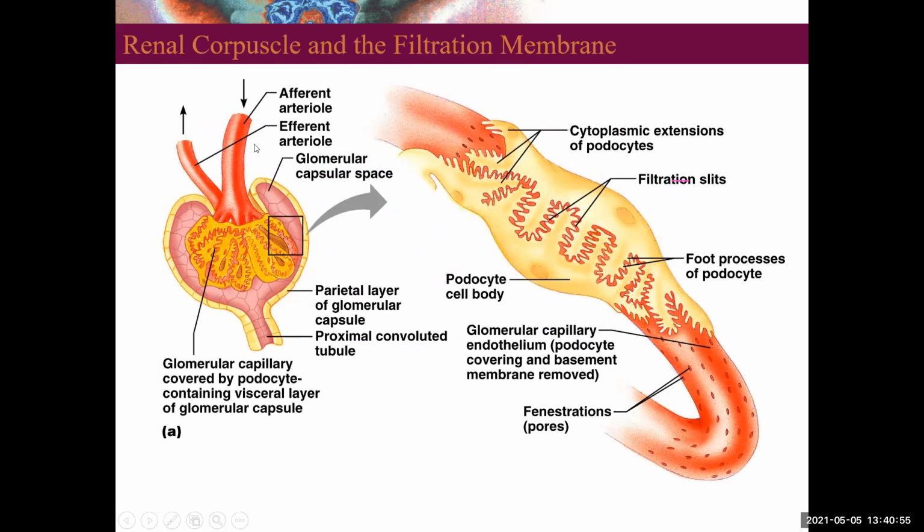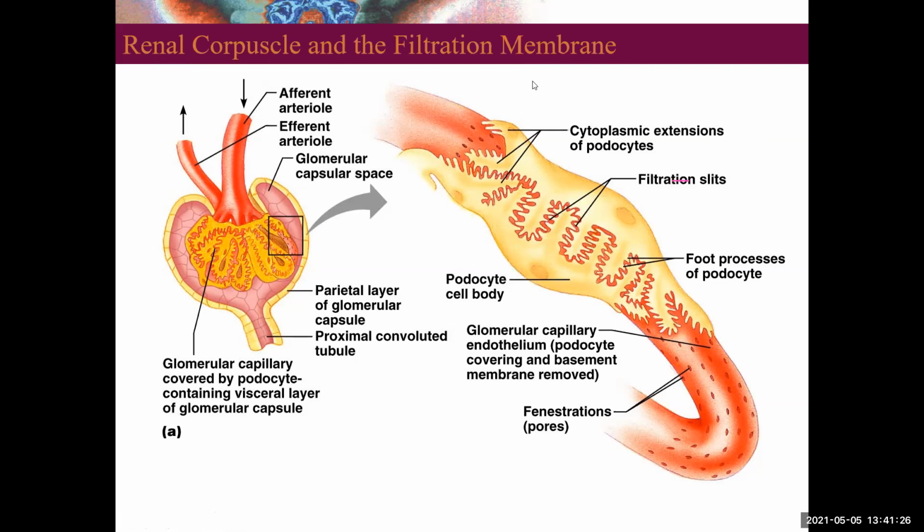You see, this is the afferent arteriole, and this is the glomerular capillaries, which is a tuft of capillaries. And then when it joins and exits, it is the efferent arteriole. And you see this is the parietal layer, simple squamous epithelium. And then the visceral layer cells are attached to the capillaries. You see, one cell, another cell, and they have feet.